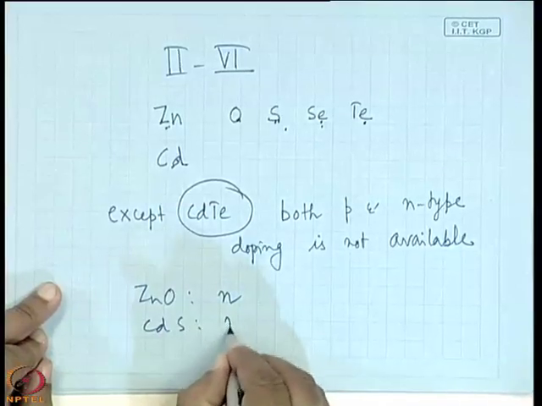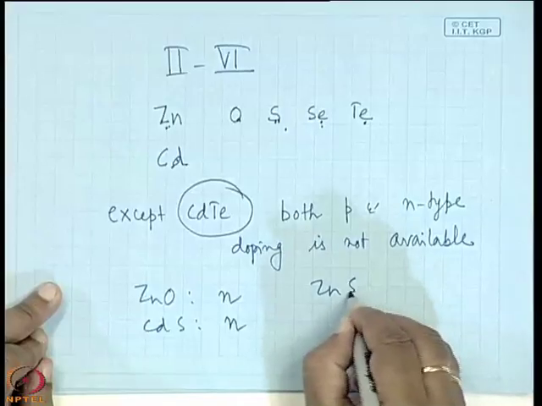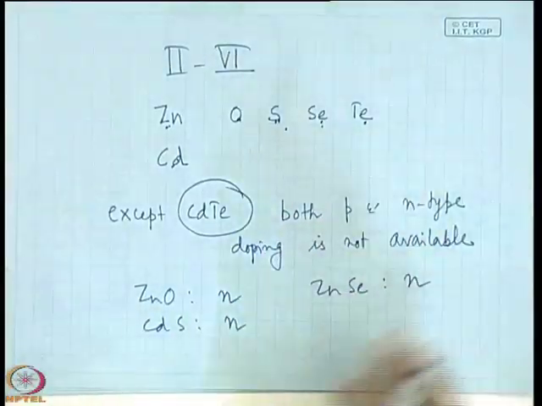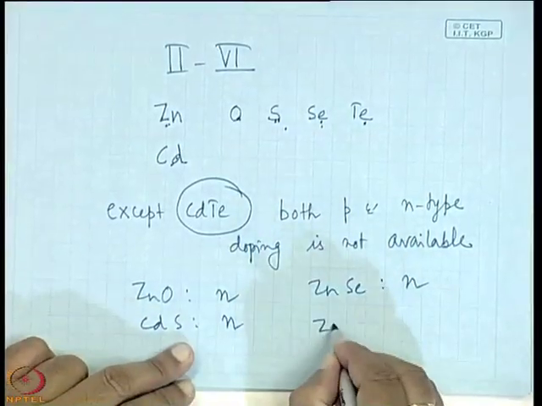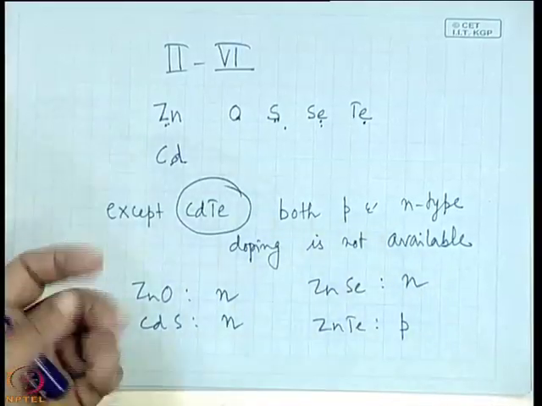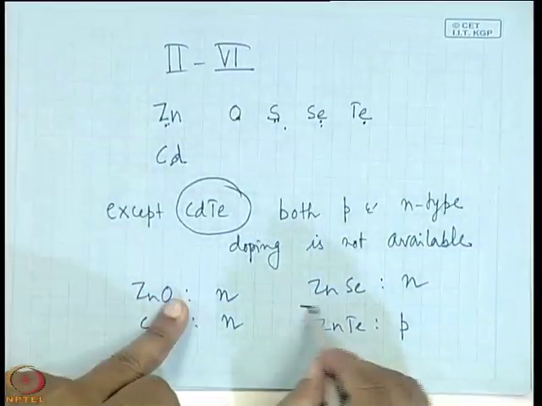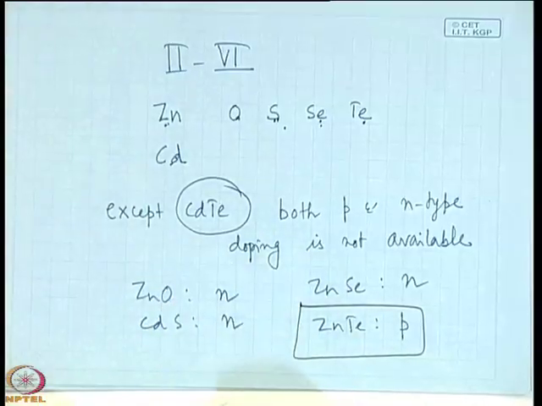Cadmium sulfide, it is N type. Zinc sulfide, selenide, it is N type. Almost all of them are N type except zinc telluride, which is P type. All other 2,6 compounds are N type in nature, except cadmium telluride, which is available as both N type and P type. So, this is the limitation of 2,6 compounds, in the sense that both types of doping are not obtained.